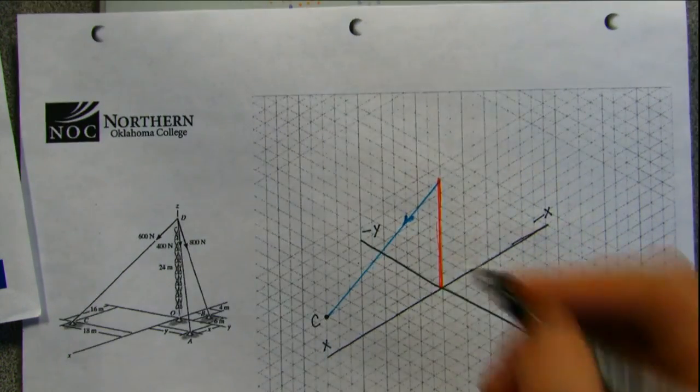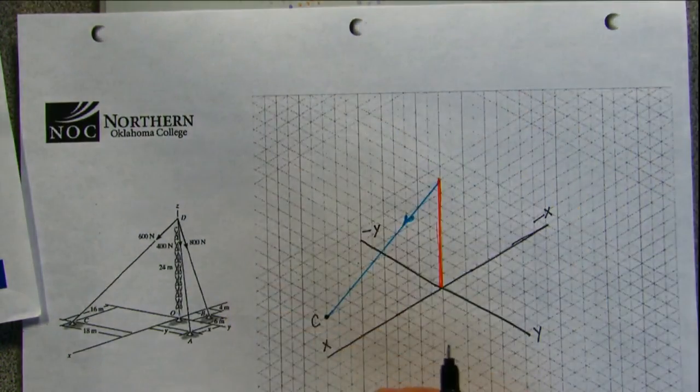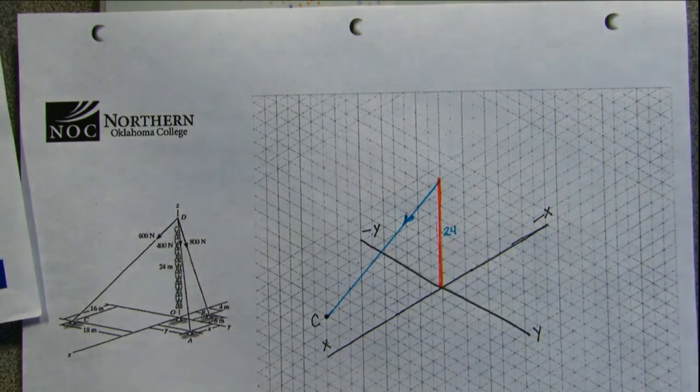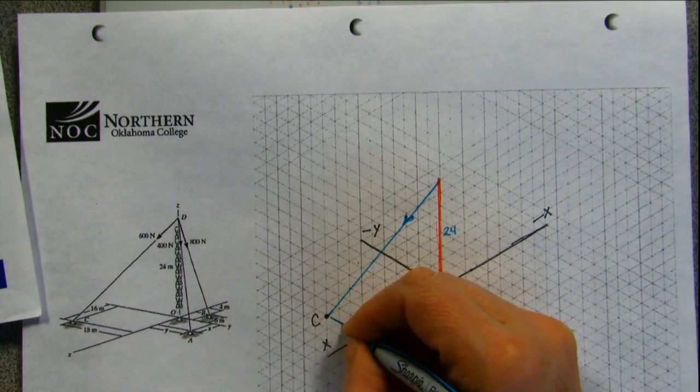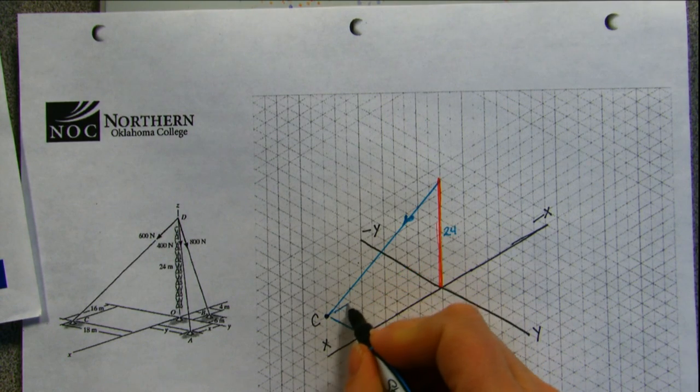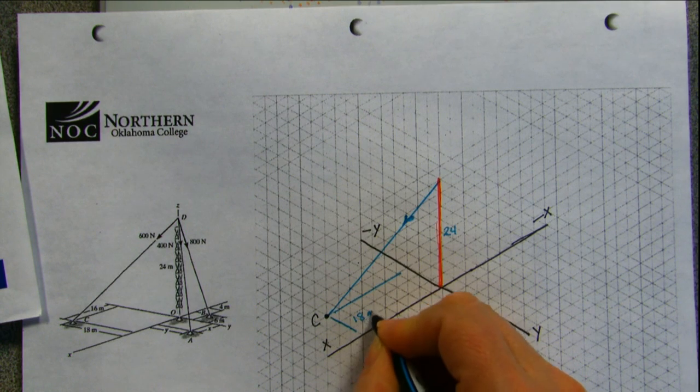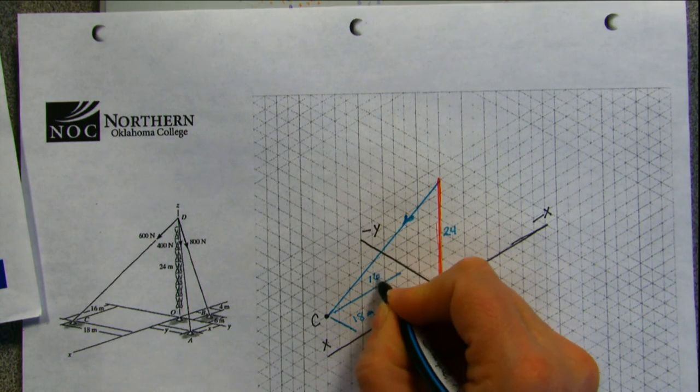We're told that this is 24 meters. This will give me my other dimensions. This is 18 meters, and this is 16 meters.